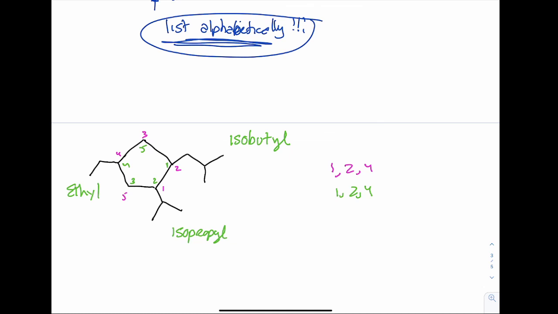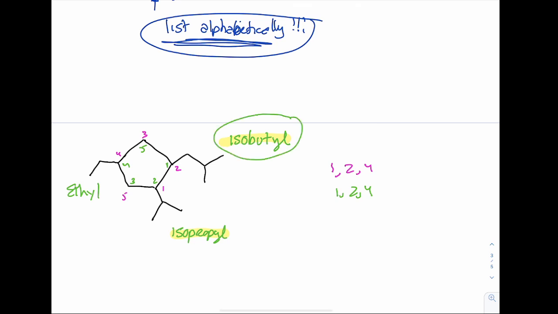And then for these ones, for alphabetizing, I do alphabetize the I. So iso gets alphabetized. The problem is what I'm choosing between are two things that have iso in them. So the I is the same, the S is the same, the O is the same. So the B is the first place I get a difference.